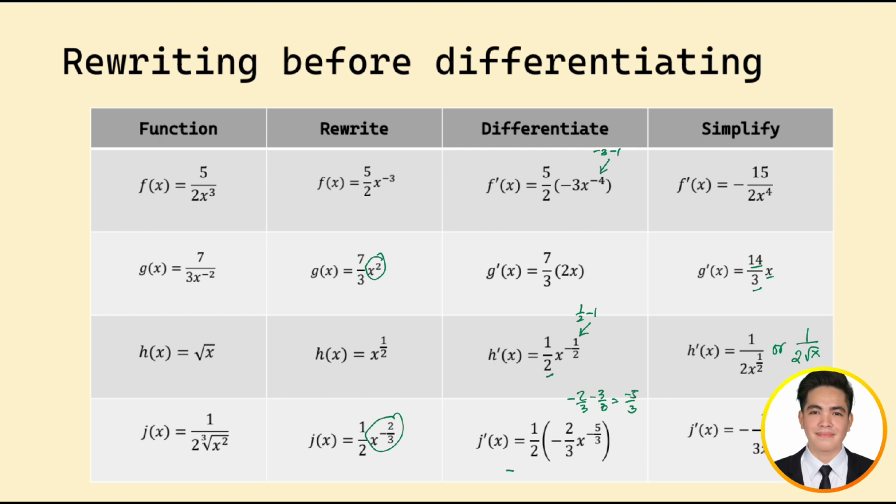But we could rewrite this as 1/2 negative 2/6 over x raised to 5/3. So that's I think the simplest form of differentiating the function.